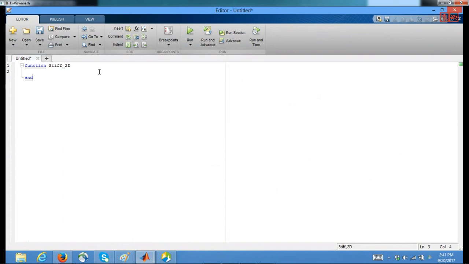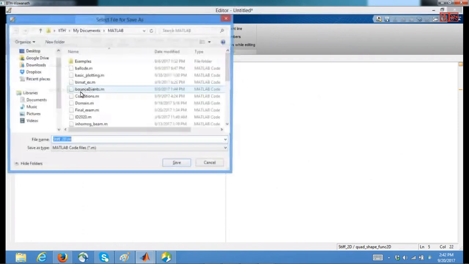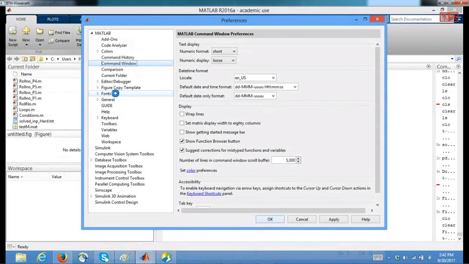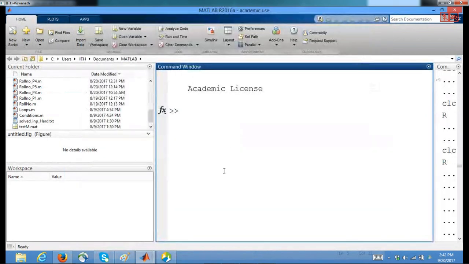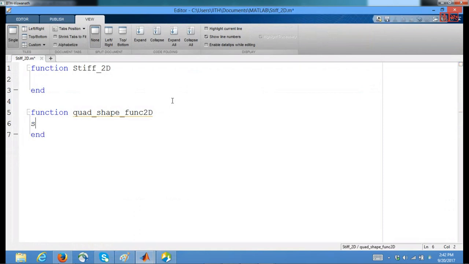So let me develop for required. Let me give as 1a, and I'll increase the font view.